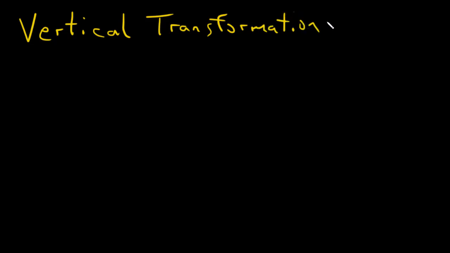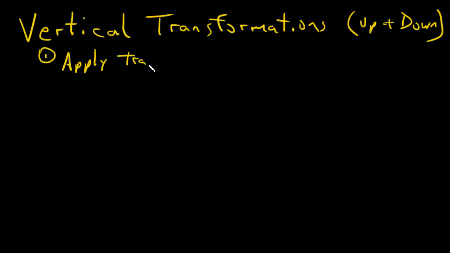Vertical transformations. Okay, now vertical transformations, what we're doing right now are up and down. We'll be doing some others in the next lecture, but right now it's up and down. What does that mean? Well, I apply the transformation to the entire function.